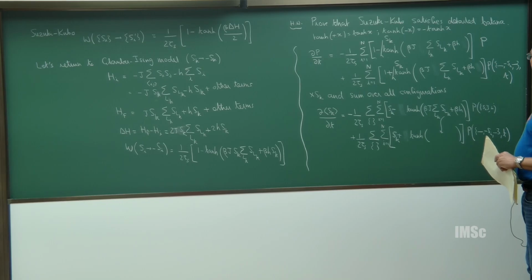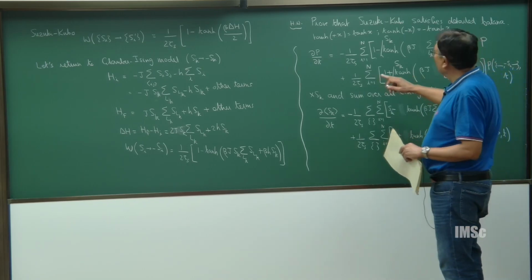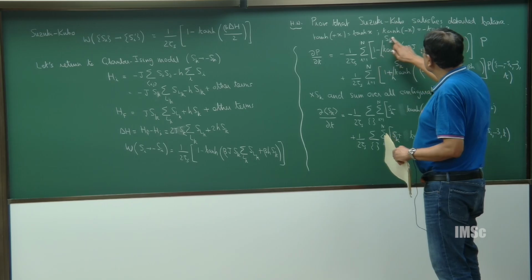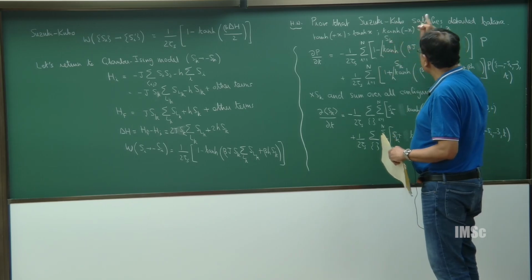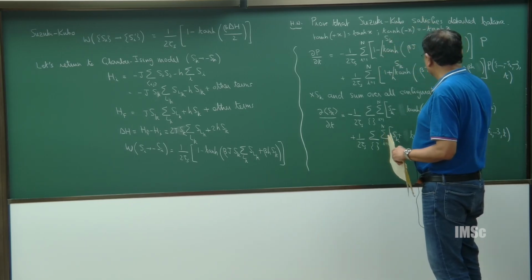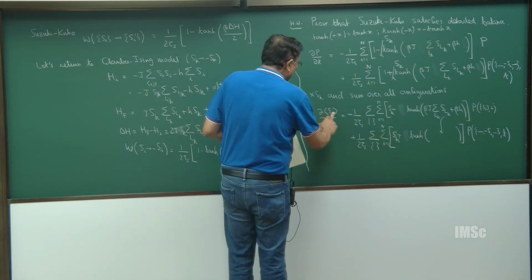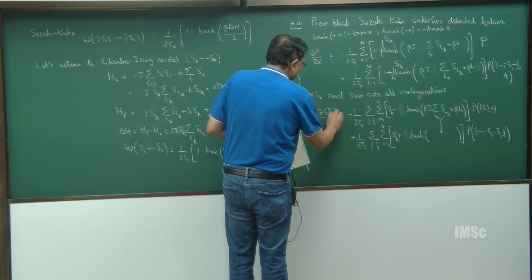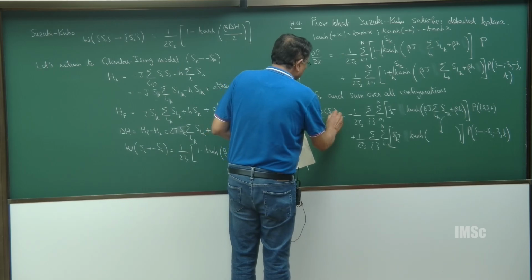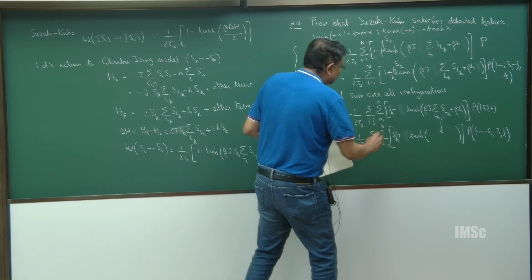I think we should just use some other variable. The lower one you can make it lower. Average Sk. Okay, let's call it Sn. So then let's get this correct again.